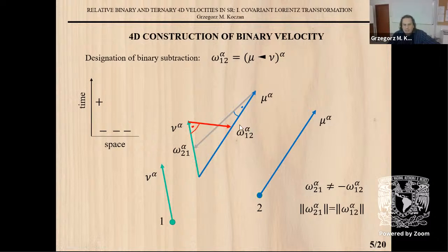It's the red line, to the end of the blue vector, and we construct exactly this binary vector. The red vector is exactly the binary vector omega 1, 2, and analogously we can construct the omega 2, 1 vector. We see that this vector is not the opposite vector, but it has the same value.